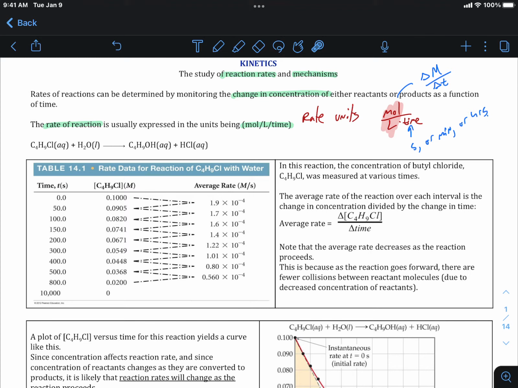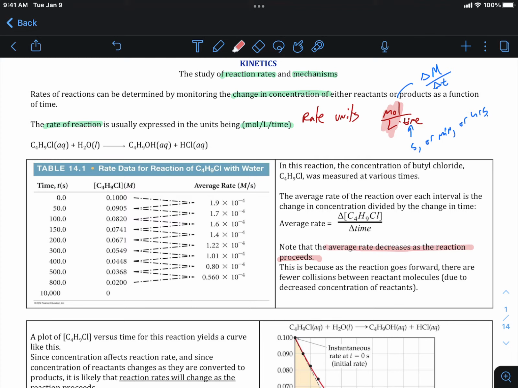So, first of all, what do you notice about these rates as time passes? It's decreasing. So one of the very first things you should note is that your average rate decreases as the reaction proceeds. And this should make sense because as the reaction happens, there's less and less reactant left.